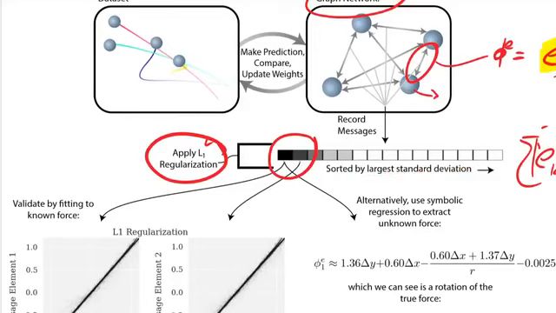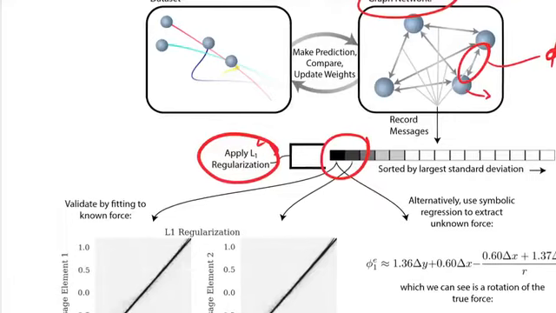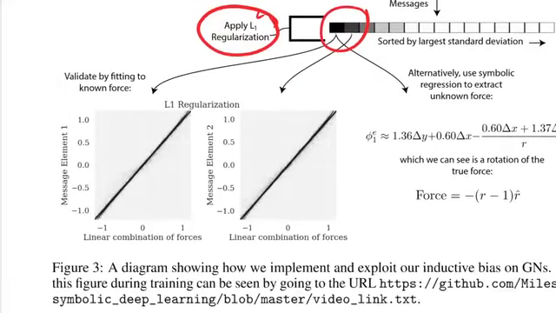So whichever 2 dimensions are the least sparse, with the largest standard deviation, we can look at those 2 and say, well, even though we didn't constrain the model, those 2 should describe our force pretty well. Since in Newtonian dynamics we know what the force is, we can simply check whether or not that holds. We can check whether we can read out the force from these 2 components.